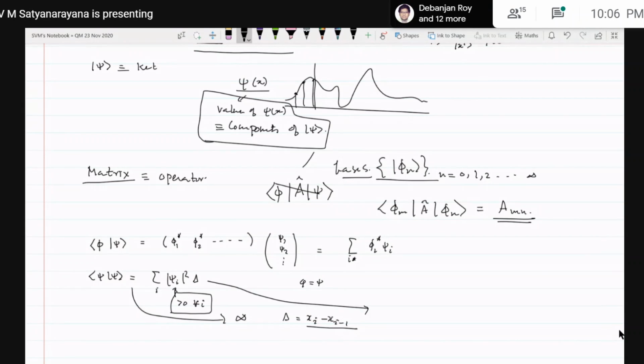So in the limit n going to infinity and delta going to 0, this becomes your integral of phi star of x into psi of x dx. Let me put the limit as plus infinity, but whatever the limit is, if it is 0 to L, you put 0 to L, and so on. So this is the same as that, except that we have to define it in such a way that it doesn't go to infinity.